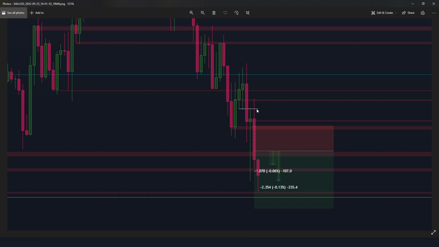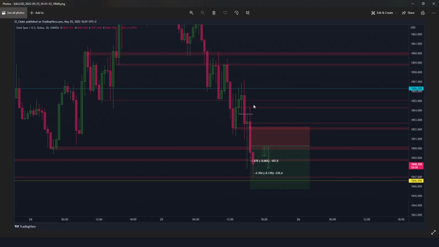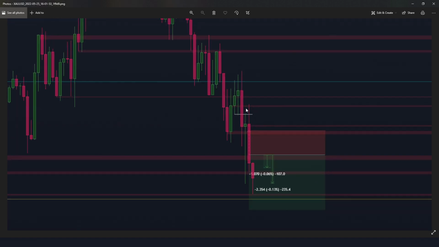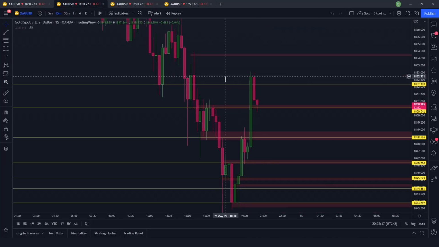I saw that this was the New York Stock Exchange candle leading to this New York Stock Exchange candle, and it went down up here. Let's see it on TradingView, and then it rejected the area.